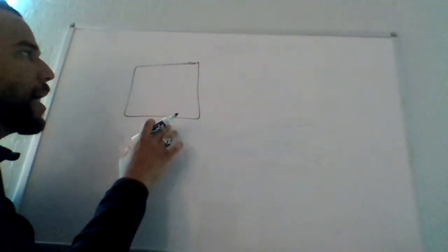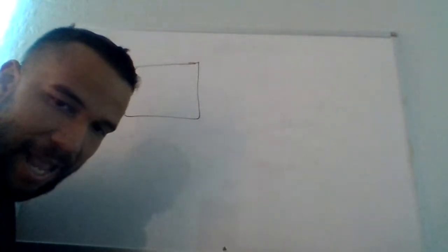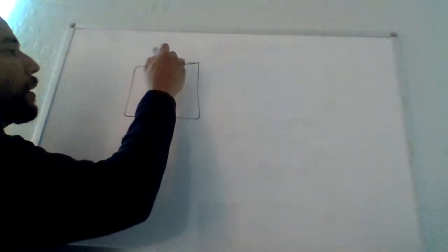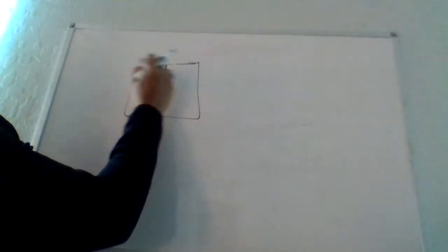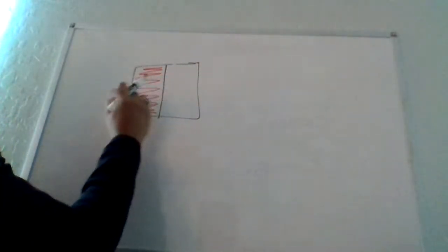So in my model, if I want to express a half, I can partition it down the middle, and I'm going to shade in one side. This now represents 1/2.